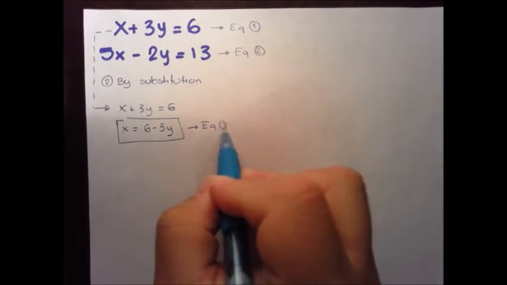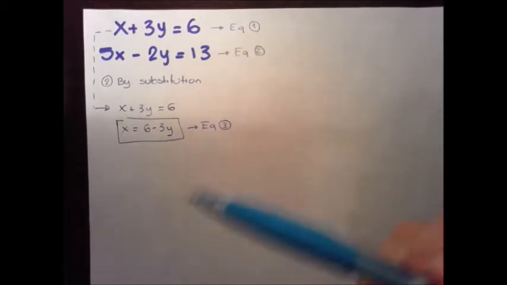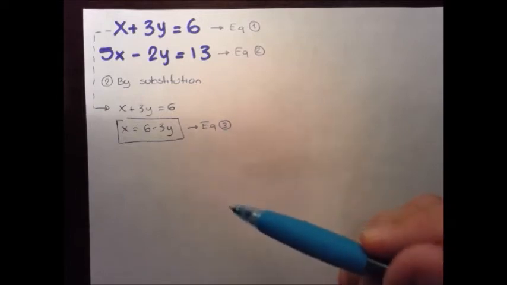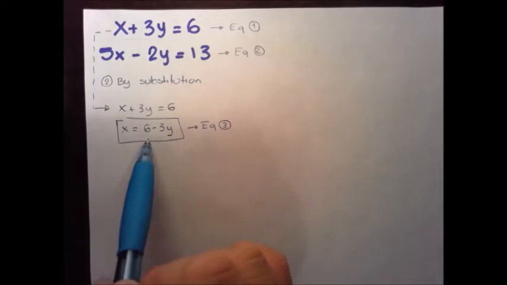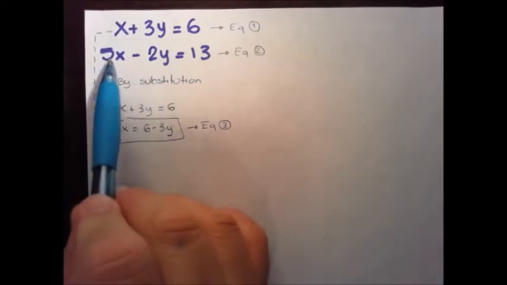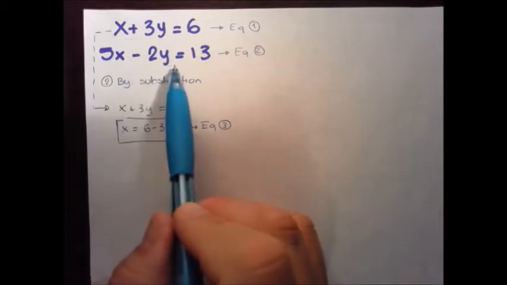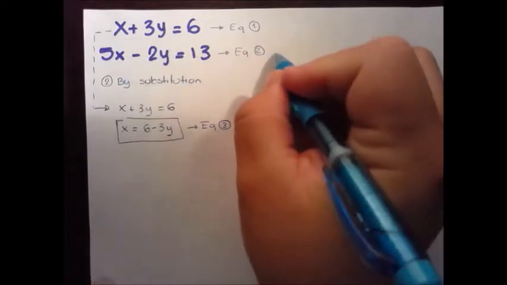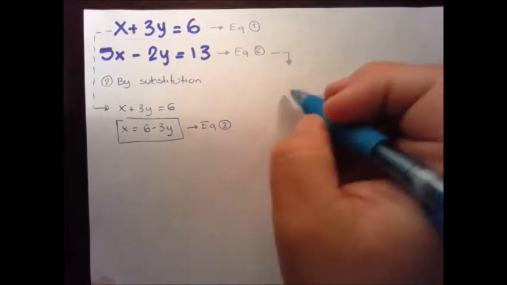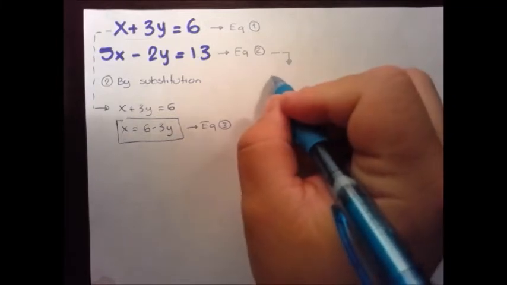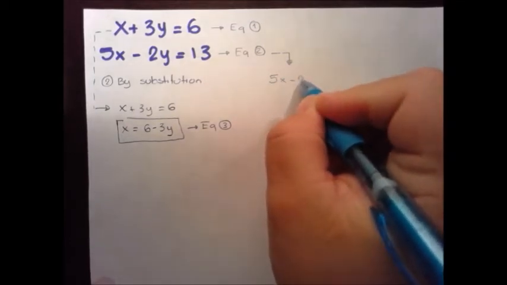As you can see, equation number 1 and equation number 3 are the same equation, but in a different order, or cleared. So I'm going to substitute into equation number 2, the equation that I didn't choose at the beginning. I'm going to write 5x minus 2y equal to 13.